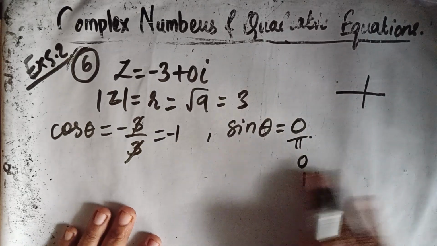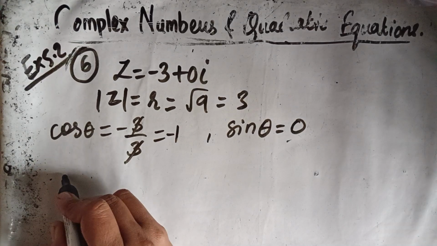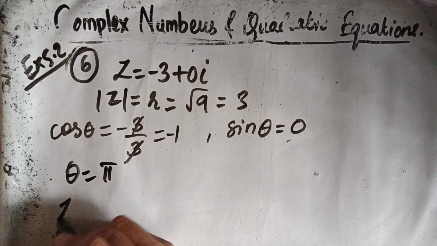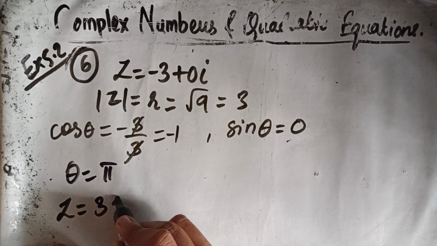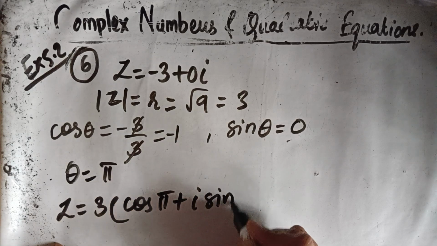Directly you can write, theta is pi. So that is equal to 3 times cos pi plus i sin pi.